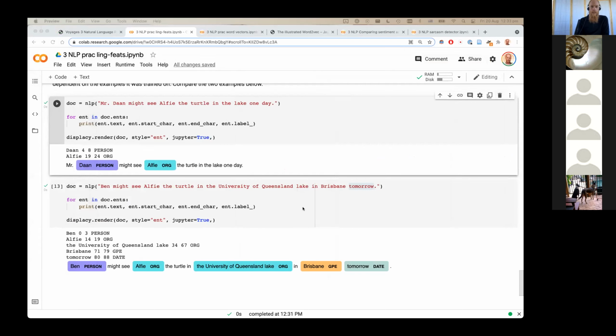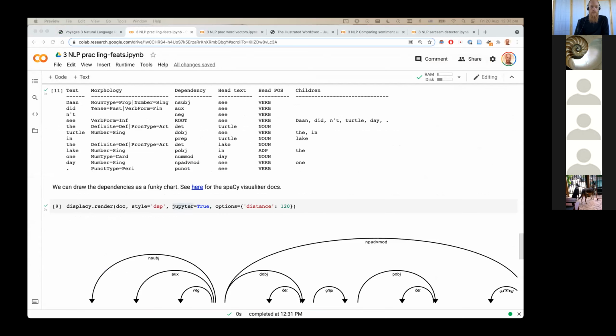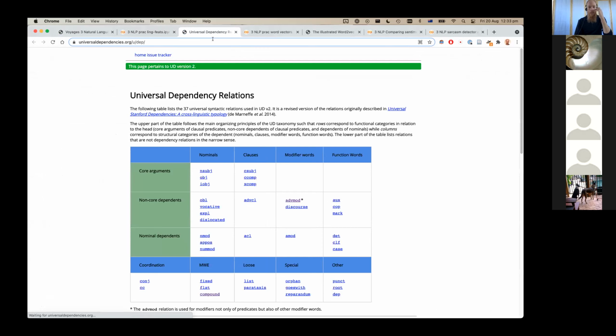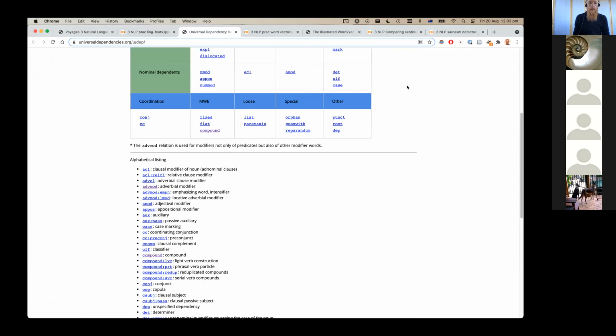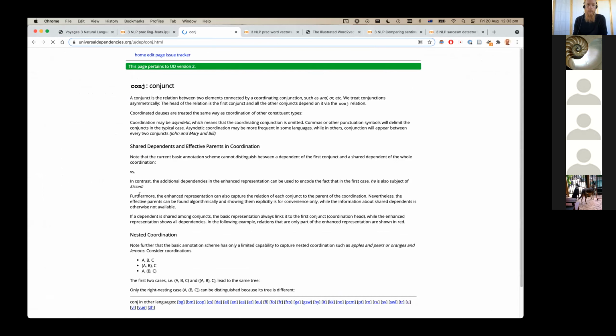The dependency labels that are used, I think I had a link to them. Oh, yep. So I'll back up in the dependency parsing information. I can open that link to see all of the dependency labels.